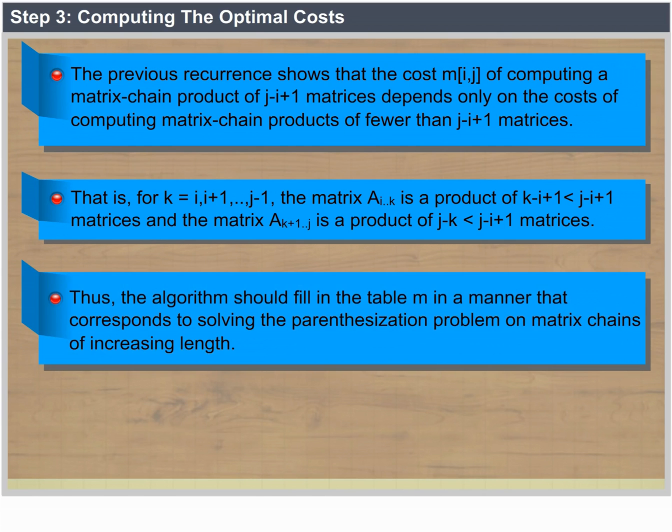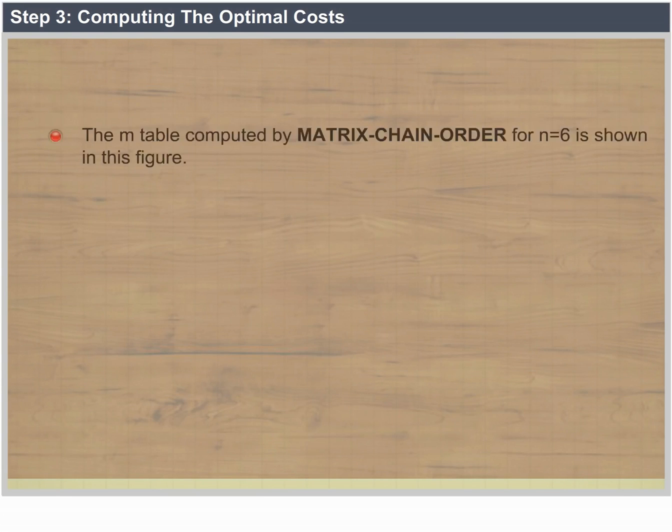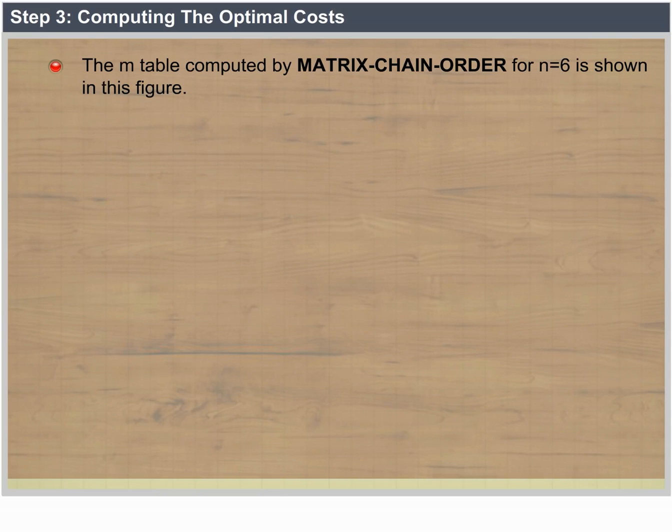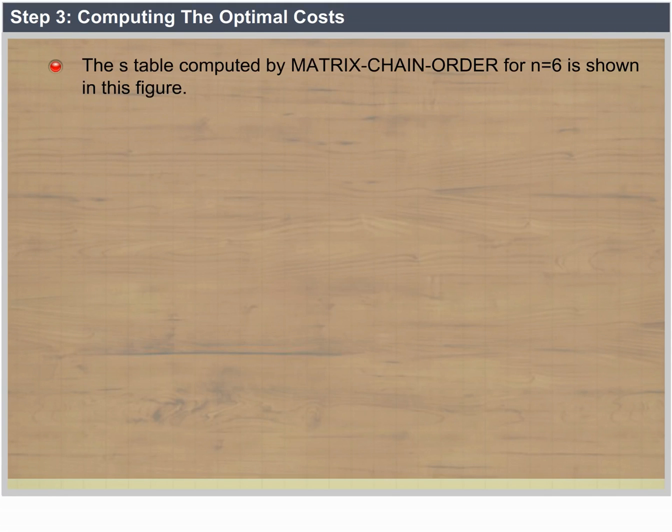For the subproblem of optimally parenthesizing the chain A_{i+1} up to A_j, we consider the subproblem size to be the length j minus i plus 1 of the chain. The m table computed by MATRIX-CHAIN-ORDER for n equals 6 is shown in this figure. The s table computed by MATRIX-CHAIN-ORDER for n equals 6 is shown in this figure.